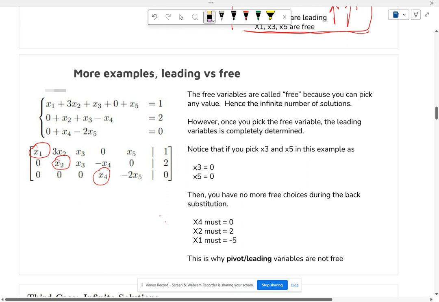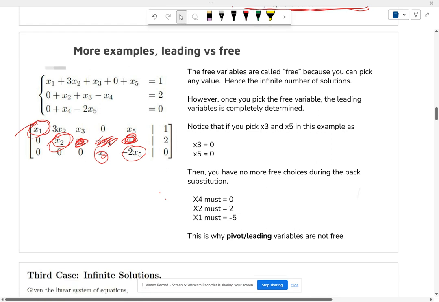Notice that if you pick x3 and x5 equal to 0, you have no choice anymore. The leading variable has to be 0. And if x3 is 0 and x5 is 0, now we know x4 is also 0 because we just learned that from here. So we now know what x2 is, and consequently, we know what x1 is. That's the point of free and leading variables.